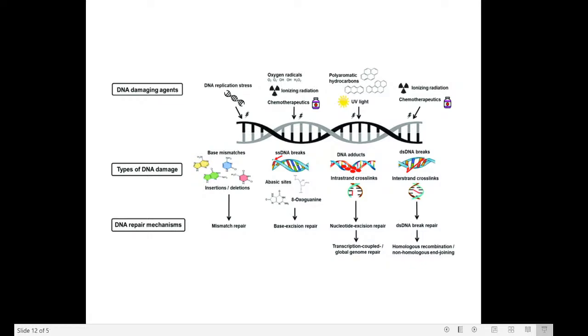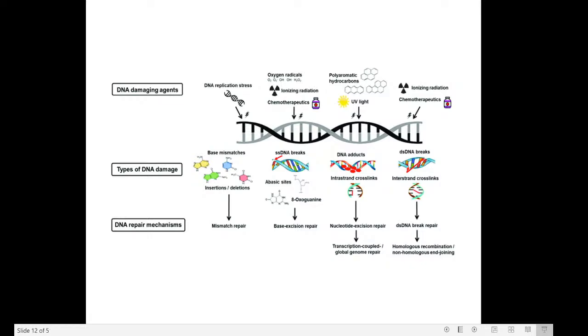Another thing is single strand breakdown. This single strand breakdown happens because of a bond breakdown between the nucleotides. If the bond between A and T is strong, there is no damage.